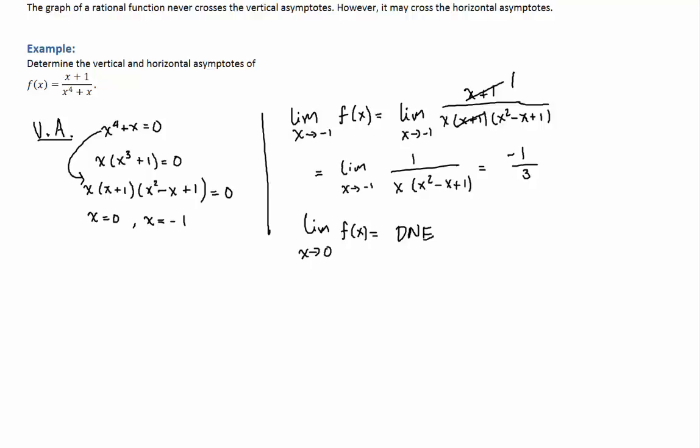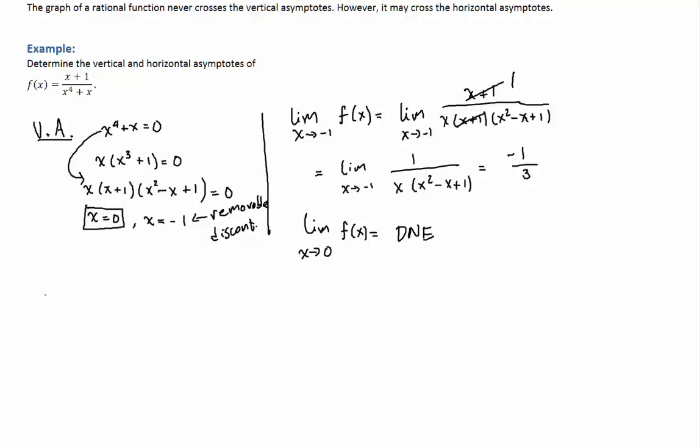So the limit here will not exist, and that tells us that this right here is a vertical asymptote. This one is just a removable discontinuity, so this one is not going to be a vertical asymptote. That's one thing you have to be careful about.